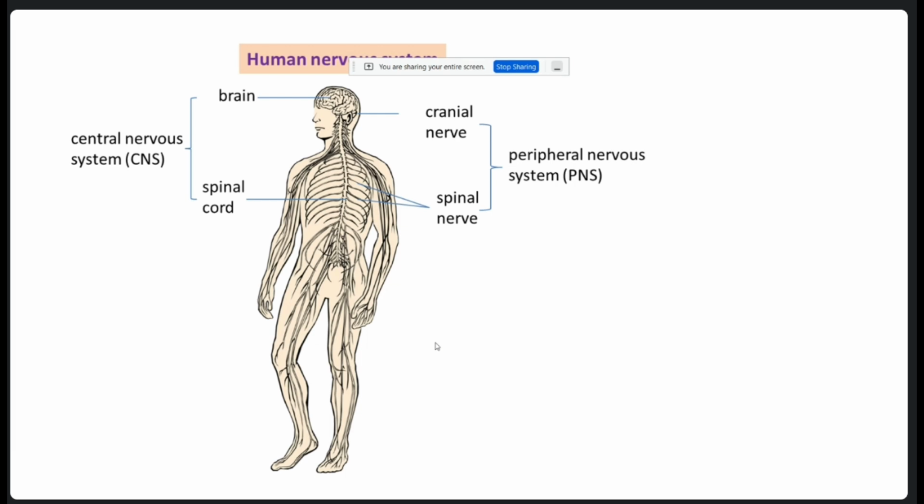Basically, our nervous system is divided into two parts, CNS and PNS, the central nervous system and the peripheral nervous system. The central nervous system consists of the brain and the spinal cord, and the rest is the peripheral nervous system, a number of nerve cells that can be seen in our human body.